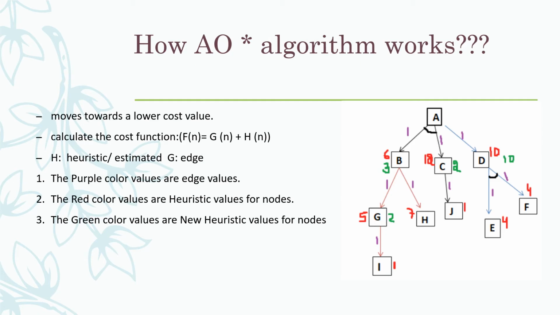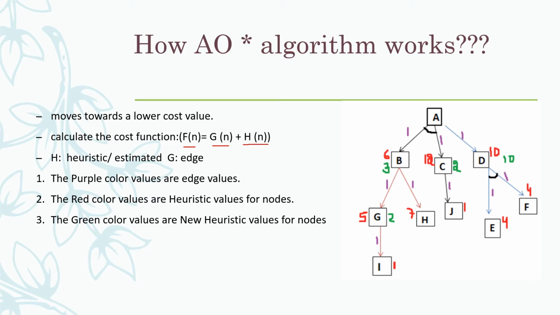So how does the AO-star algorithm work? This is a typical AND OR graph, and we will apply the AO-star algorithm to this graph. So at first, this is the cost function f(n), this is the edge function g(n), and this is the heuristic value h(n).